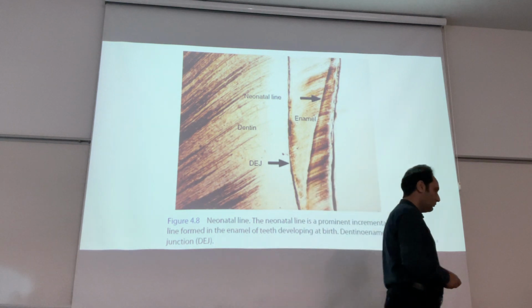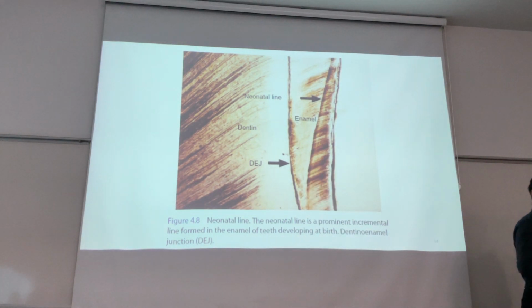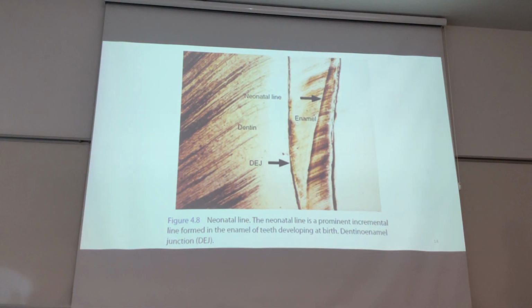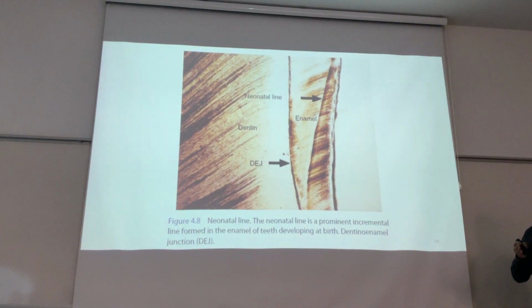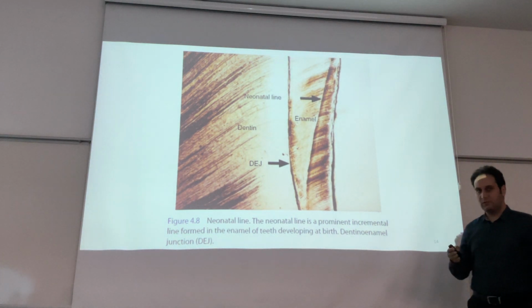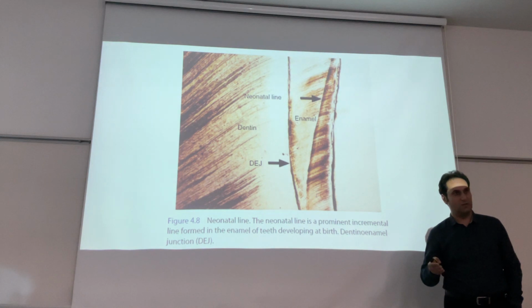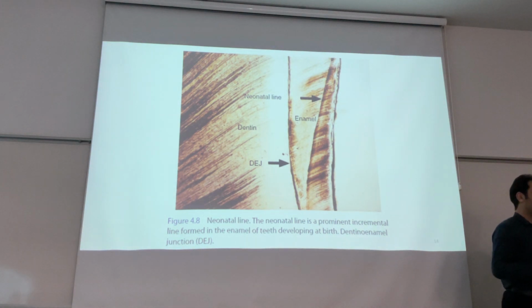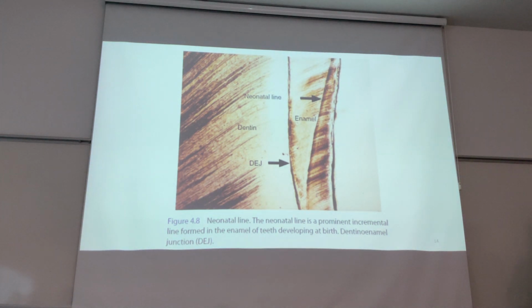As you know, the formation of enamel starts before birth and continues after birth. Yes? Because in the inner side of the uterus, the fetus has different nutrition, and afterward, the nutrition of the fetus or child is changed.